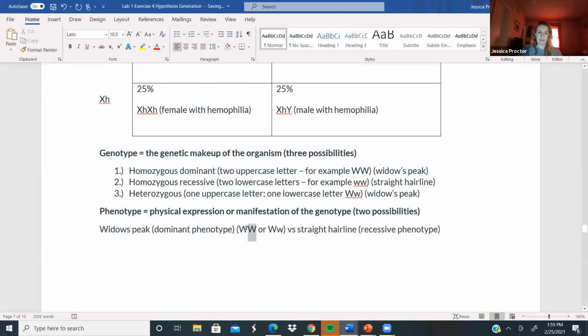So both the homozygous dominant individuals and the heterozygous individuals will ultimately have a widow's peak as their phenotype. And then the individuals that have a straight hairline, that's a recessive phenotype. So in order to have the straight hairline, you must be homozygous recessive. So little w, little w. Does that answer your question as far as genotype versus phenotype?